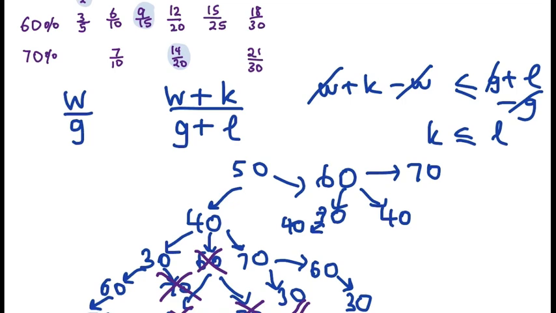Can we go from 6/15 to 70%? Well, 6/15 to 14/20. That's not possible. Can we go from 6/15 to the next biggest fraction, 21/30? Hopefully you said yes. It is our maximum, but it does still work.